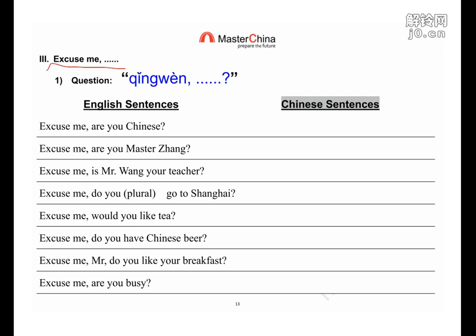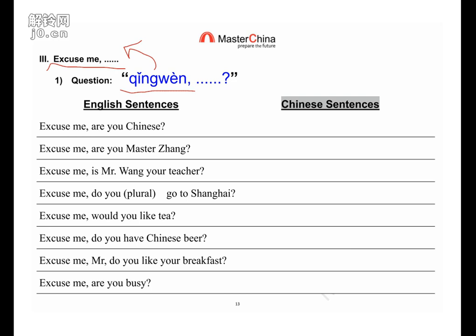So in English, you say excuse me. So, are you Leslie? Excuse me, where can I find the Starbucks, right? So Chinese also has this expression, 请问. Of course, we can translate it into excuse me. But this excuse me is only used before the question. Before you start to ask a question, you use 请问.